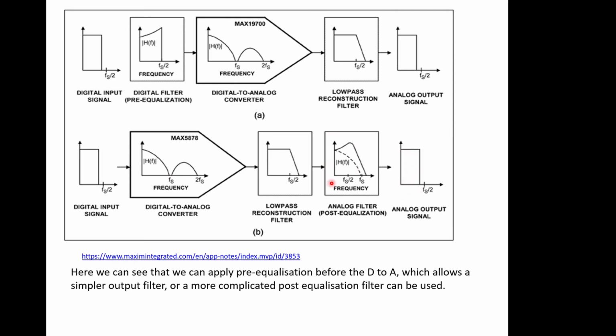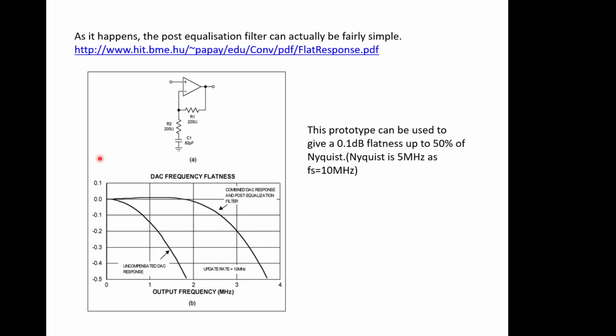Right, so the question becomes then, how do we make one of these? Or, we could make one of these, but it's digital, we're not interested in that. So it turns out to be not that hard to do. We can actually just create something like this, which is a single response in there. And this prototype can be used to give 0.1 dB flatness up to 50% of Nyquist or so.